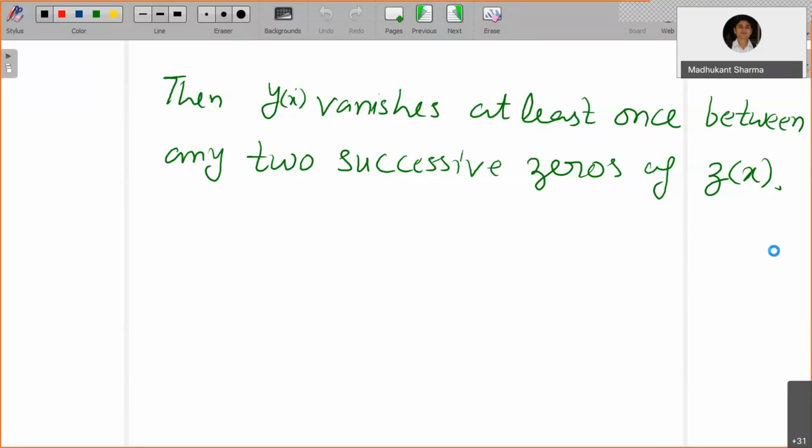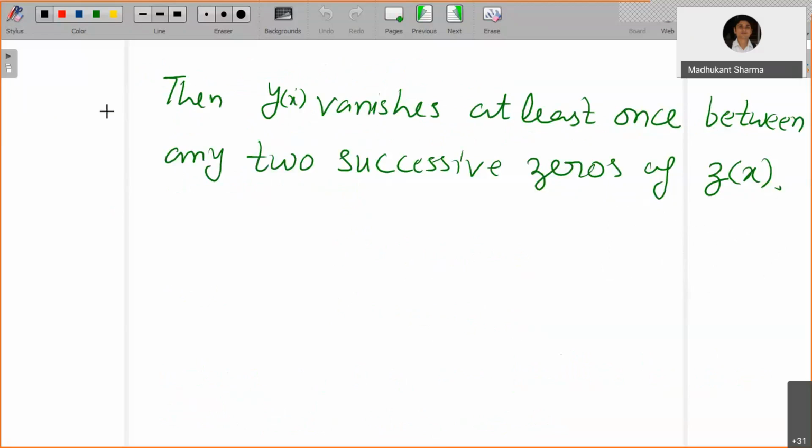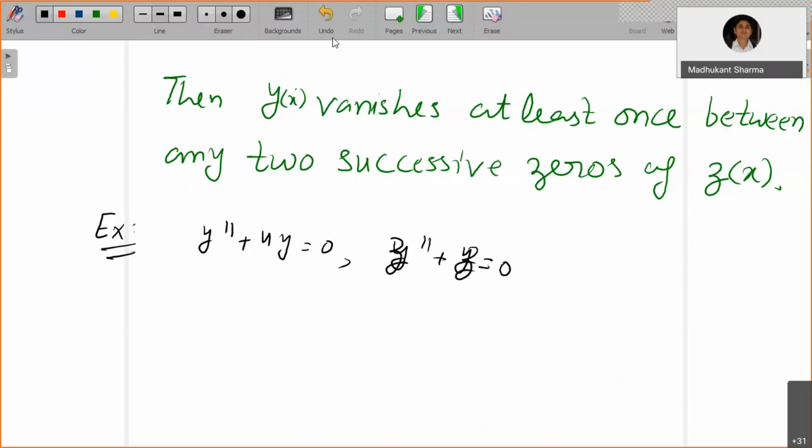For example, this is a part of your project as well. You can take one example with two equations: y double dash plus 4y equals 0 and z double dash plus z equals 0.